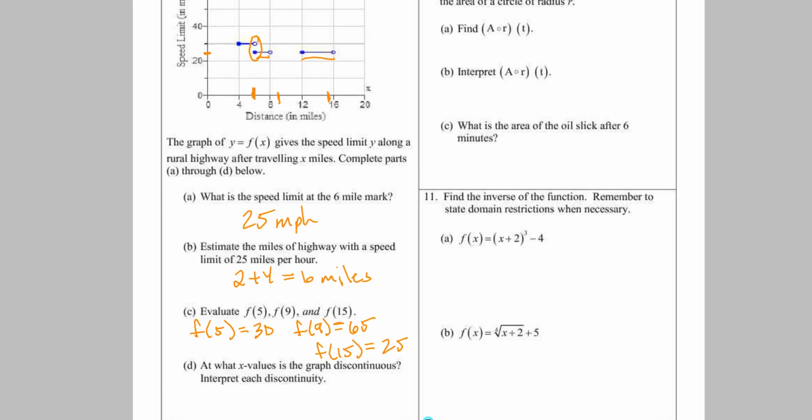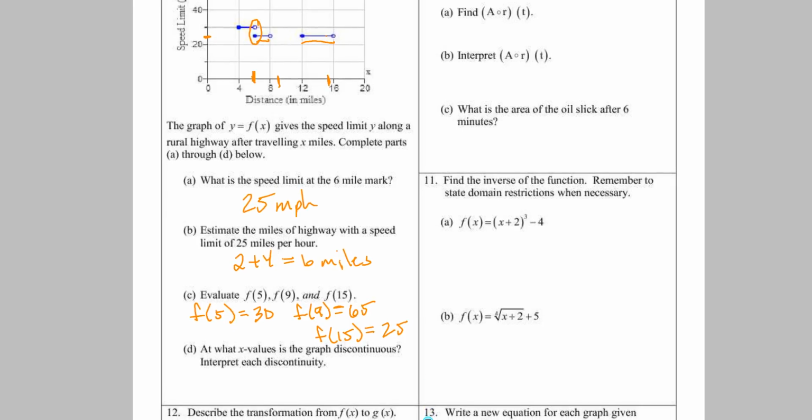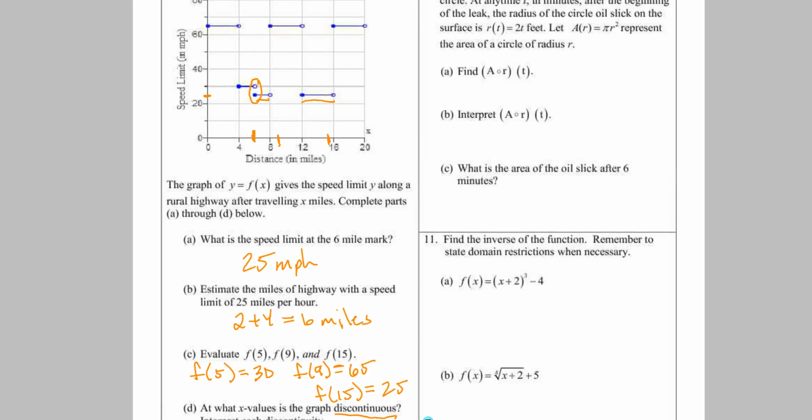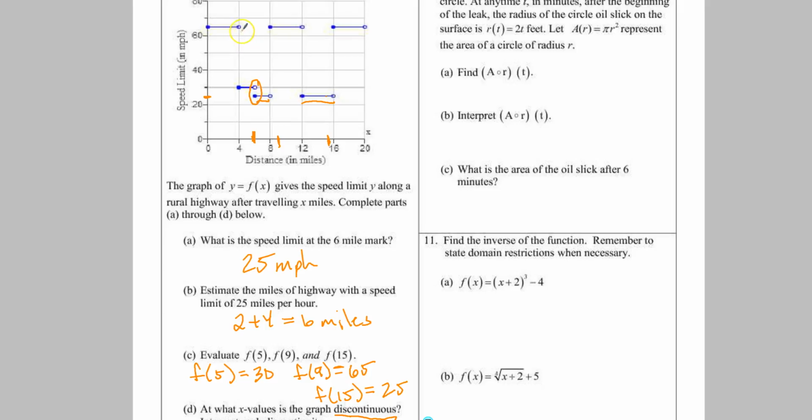Part D, at what values is the graph discontinuous? So we didn't talk about this in class, but hopefully you can guess. Discontinuous means not continuous, which means we don't have a solid line. Well, it's discontinuous wherever there's a break. So there's a break where it jumps at 4. There's another one at 6, another one at 8, another one at 12, another one at 16, and another one at 20.